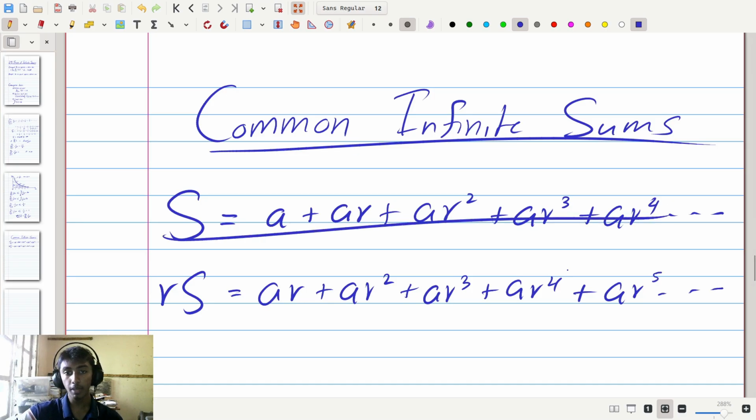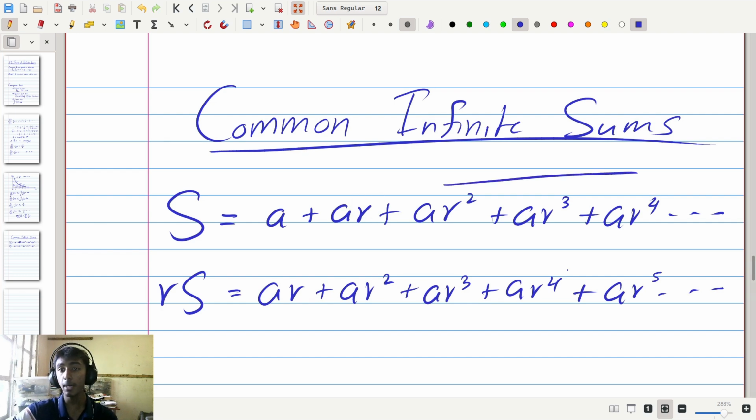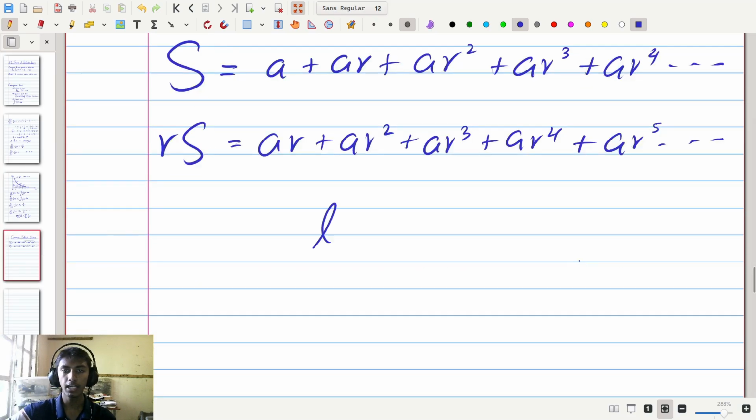For this kind of sum to converge, we need the condition that this r converges downward as we take higher and higher powers of r. As in, we need the condition that the limit as n goes to infinity of r to the power of n is equal to 0. This basically implies that the absolute value of r must be less than 1.